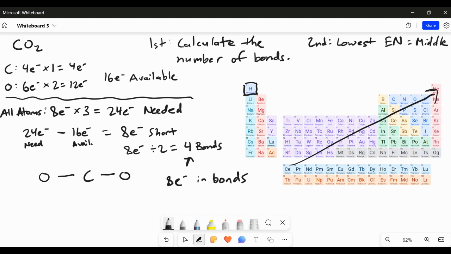And if we take that away from the total we have available, it means 8 electrons are not in bonds. Okay, so we have 8 electrons that are not in bonds. So we need to put them somewhere on our model.